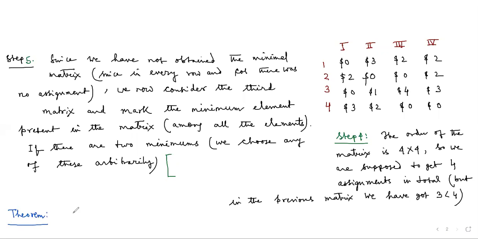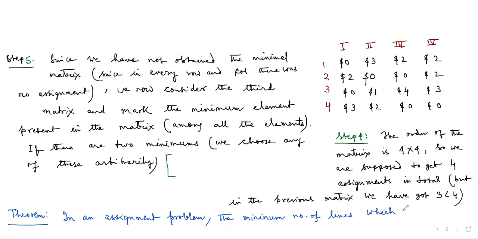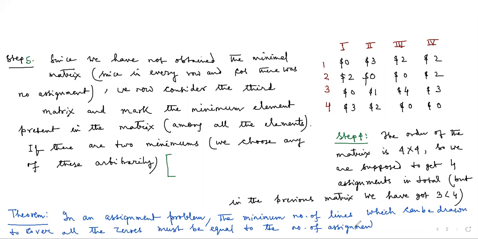The statement of the theorem is, in an assignment problem, the minimum number of lines which can be drawn to cover all the zeros must be equal to the number of assignments possible. Number of assignments possible.